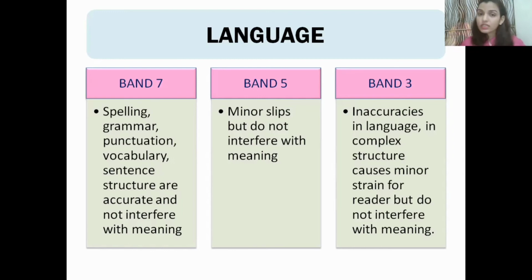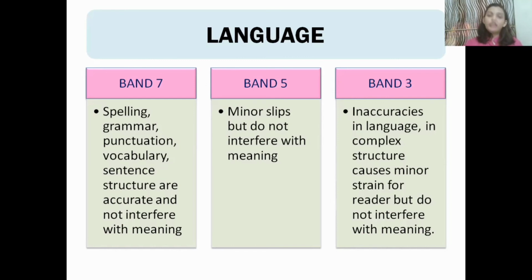So rather than being overly concerned about punctuation, it is better to focus on other criteria: what to select, what not to select, how to organize. But yes, you should always use correct grammar according to the timeline, according to which incidents happened when. According to that, you should select the appropriate tenses, and you should write some complex sentences to help the examiner assess your ability to use English.